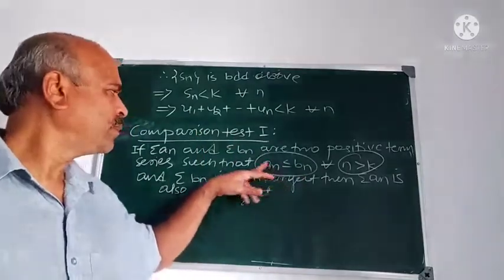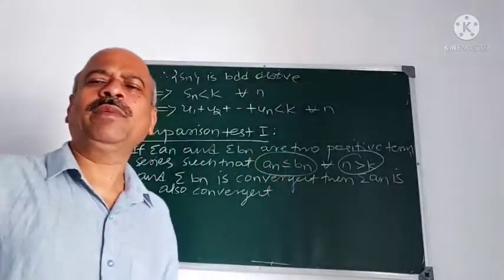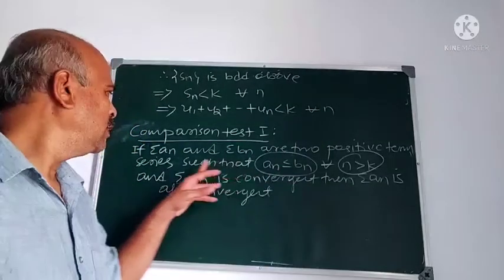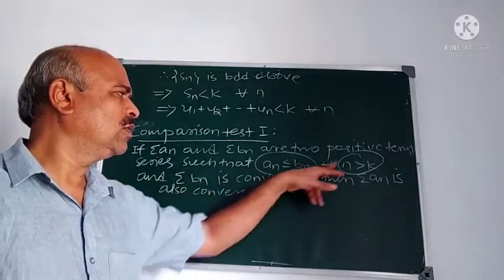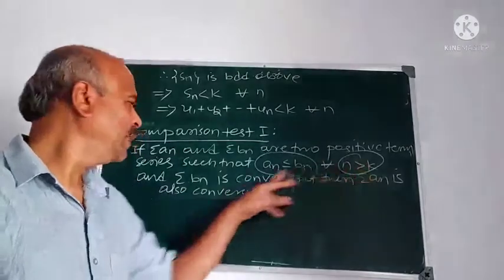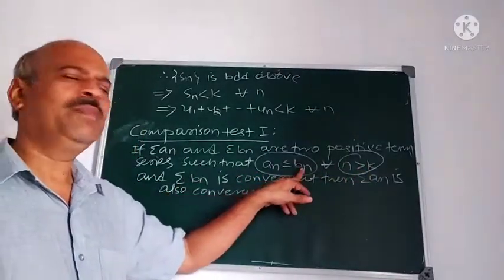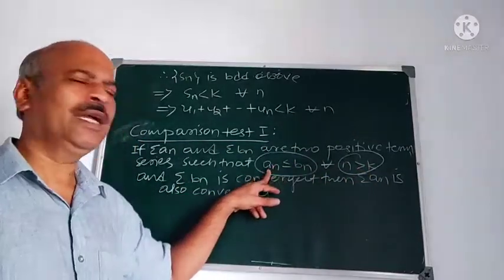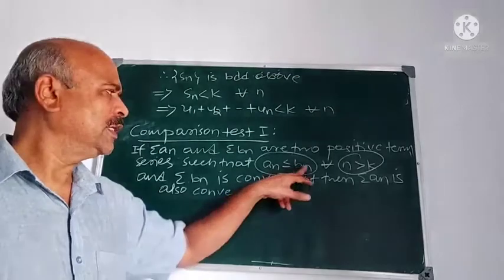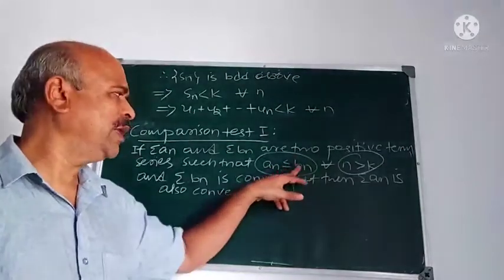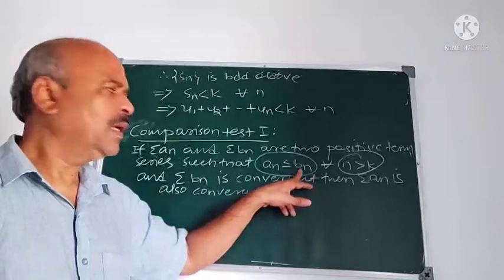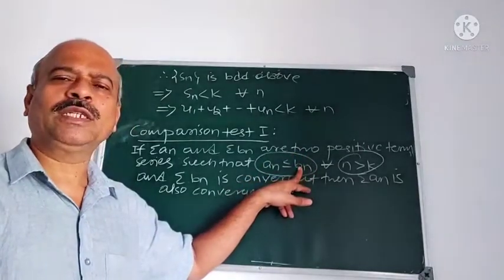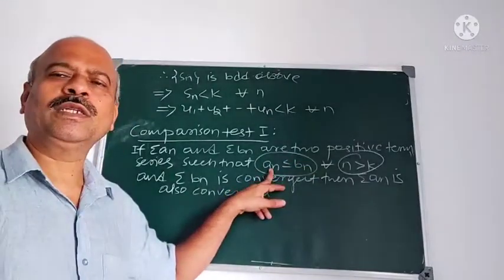What is that theorem? Sigma an and sigma bn are two positive term series such that an is less than or equal to bn for all n greater than k. Then if sigma bn is convergent, sigma an is convergent. That is, sigma bn is greater than or equal to an, and sigma bn is convergent, then sigma an is convergent.